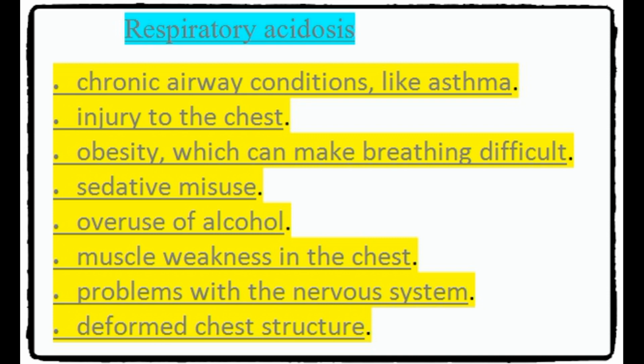However, sometimes your body can't get rid of enough CO2. This may happen due to chronic airway conditions, like asthma, injury to the chest, obesity, which can make breathing difficult, sedative misuse, overuse of alcohol, muscle weakness in the chest, problems with the nervous system, deformed chest structure.